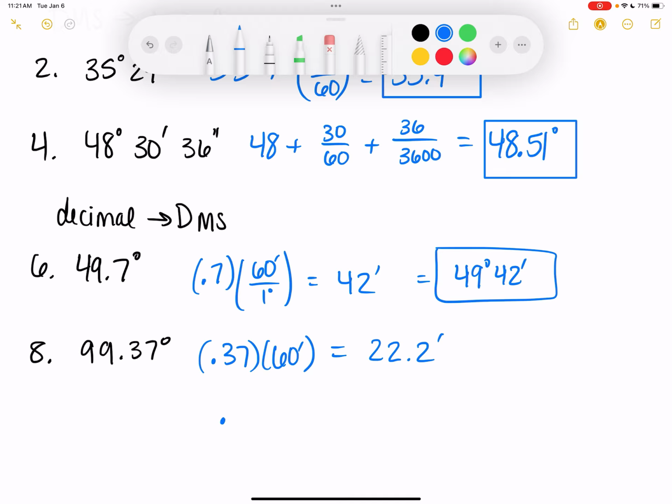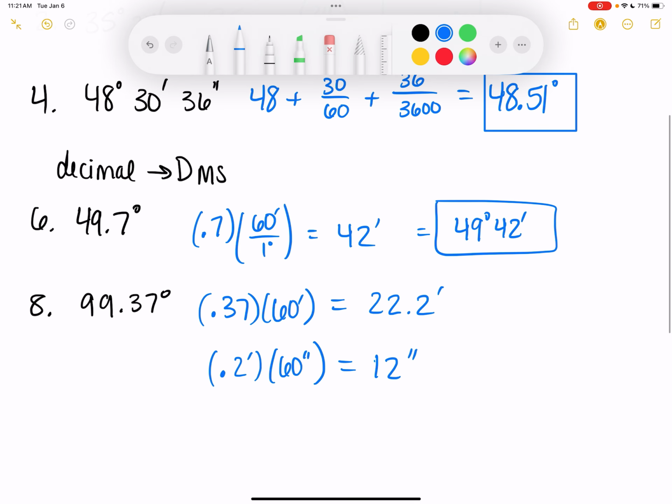So I've got 0.2 minutes times 60 seconds. And that should be 12. So my answer is 99 degrees, 22 minutes, 12 seconds.